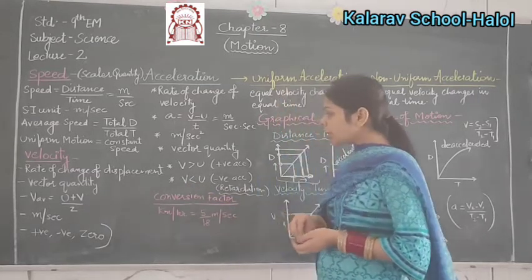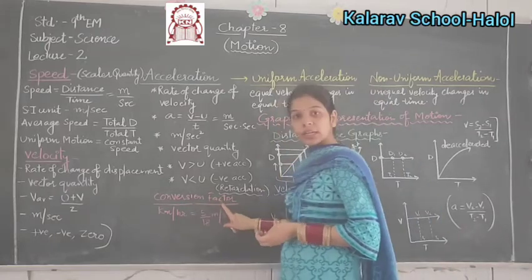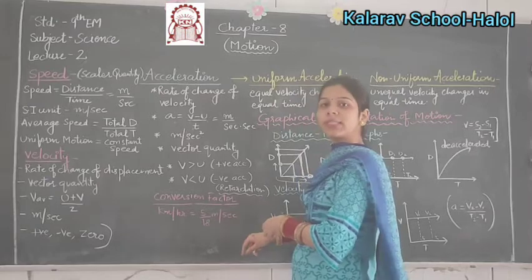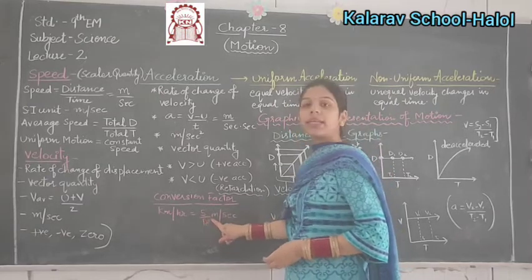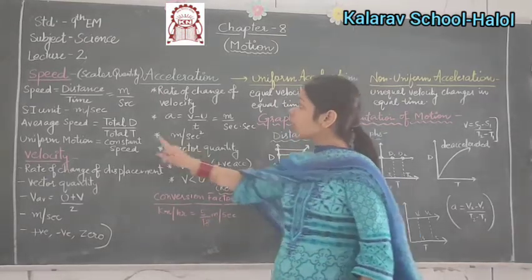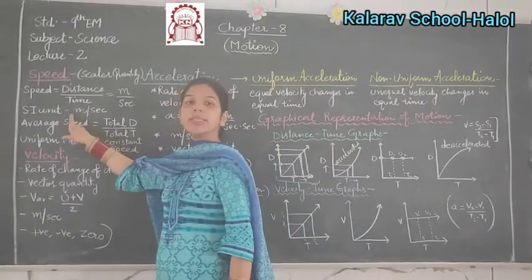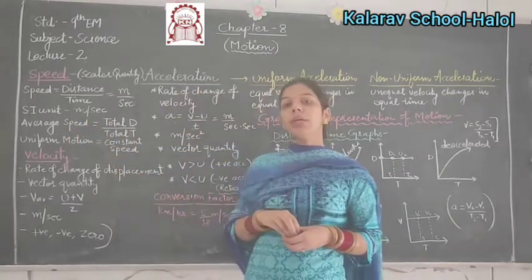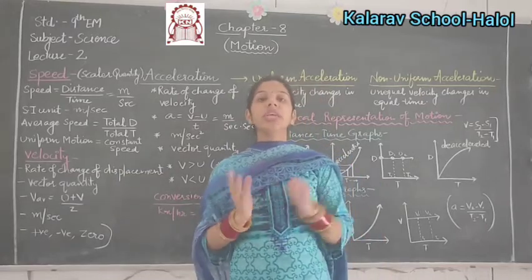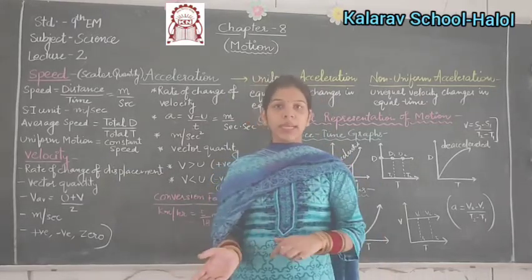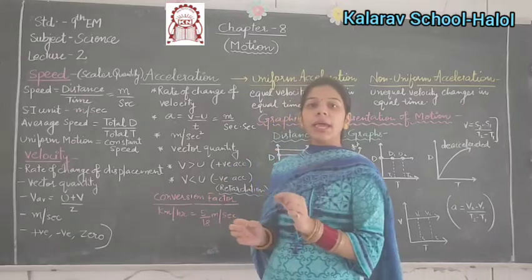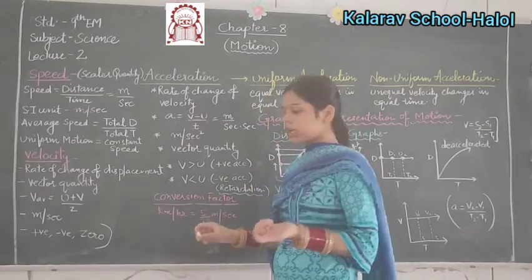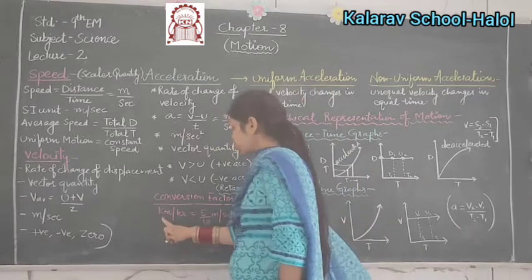Here is a point to be noted for the conversion factor: kilometer per hour is changed to meter per second by multiplying by 5 by 18. The SI unit of speed is meter per second, so if we are given kilometer per hour, we change it into meter per second by multiplying by 5 by 18. How does 5 by 18 come?